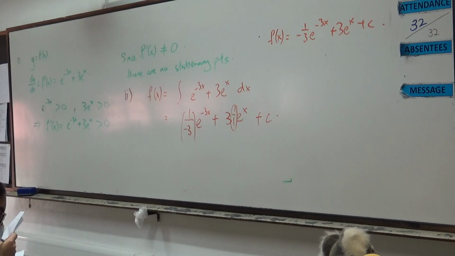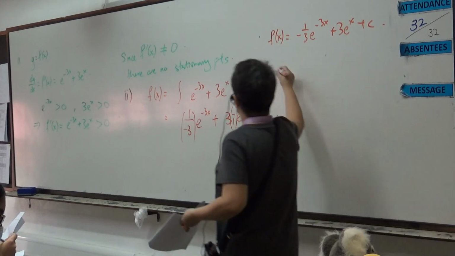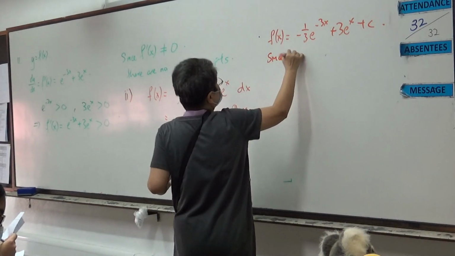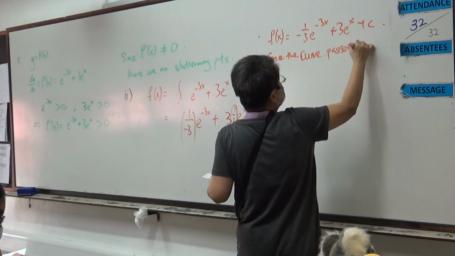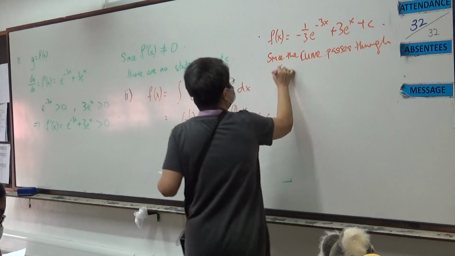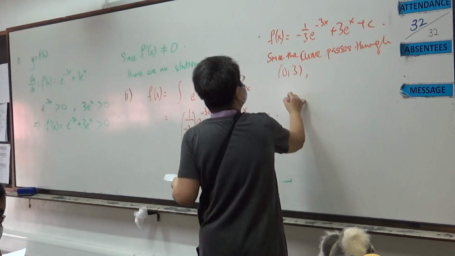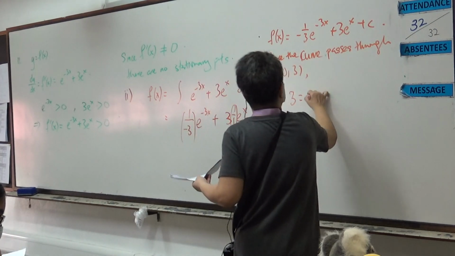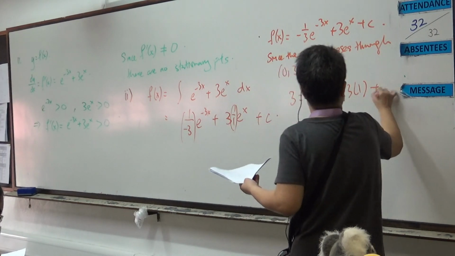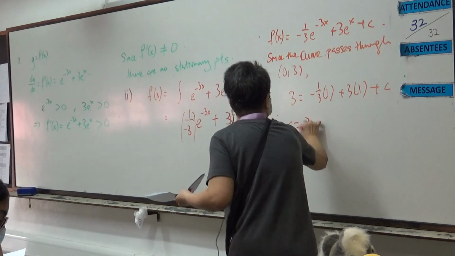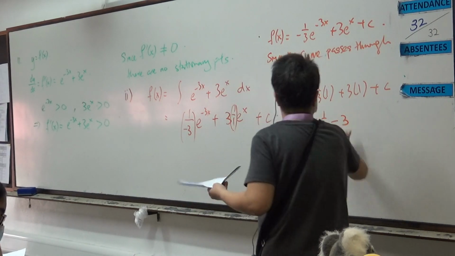Now don't forget, f of x is actually y. Since the curve passes through (0, 3), I'll have 3 equals to negative 1/3 times 1 plus 3 times 1 plus C. So C is 3 plus 1/3 minus 3.